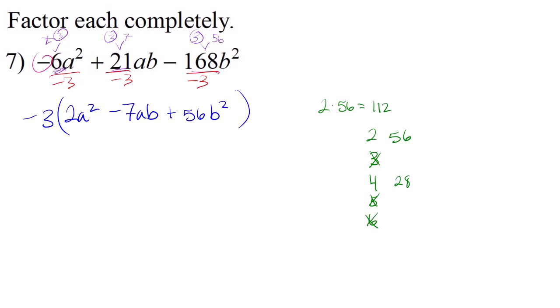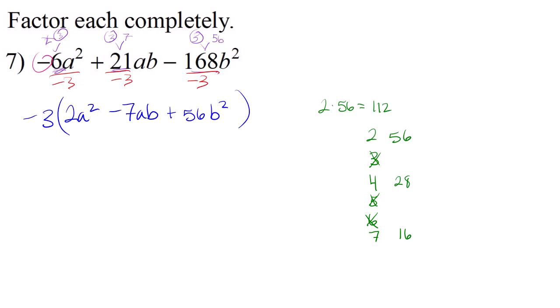If 3 doesn't go in, 6 won't go in. 7 is going to work. 112 divided by 7 is 16. By the way, I forgot to add here. 28 plus 4 is 32, so that's not going to work. 7 plus 16 is 23, and we need 7, so that's not going to work.